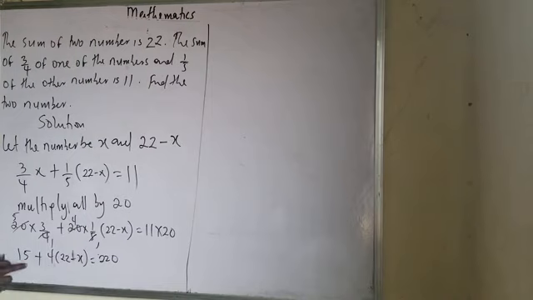Now, which I'll be having 15x plus 4 times 32, that will be 128, minus 4x equals to 220.